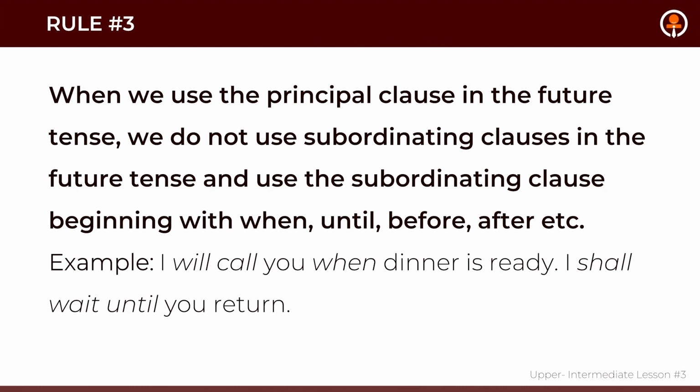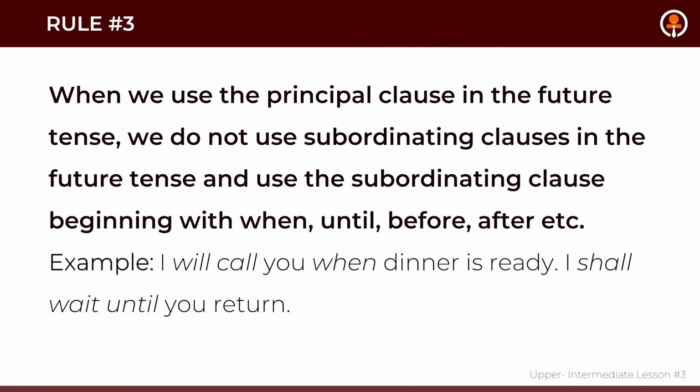Rule number 3. When the principal clause is in the future tense, we do not use the future tense in a subordinate clause beginning with when, until, before, after. In those cases, the subordinate clause is not written in the future but in the present tense.